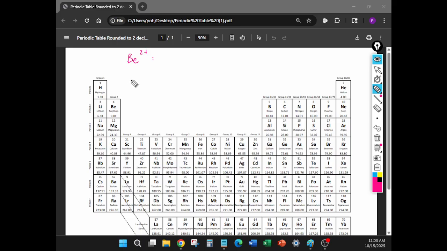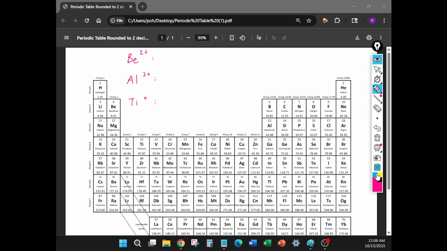I also want you to do the electron configuration for Al3+, and also do the electron configuration for Ti+. So 3 different electron configurations. You can just write it out. You don't need to draw it. Just see if you guys can get these 3. If you can get these 3 correct, then you should be in pretty good shape for the exam in terms of electron configuration. So try that out. We'll go over it in about 3 minutes.